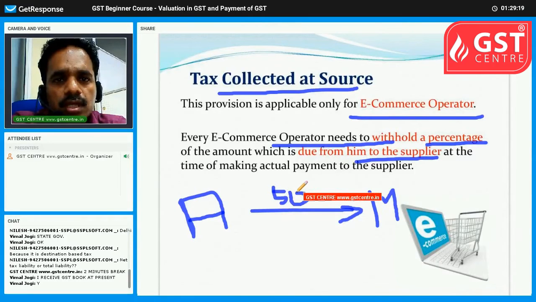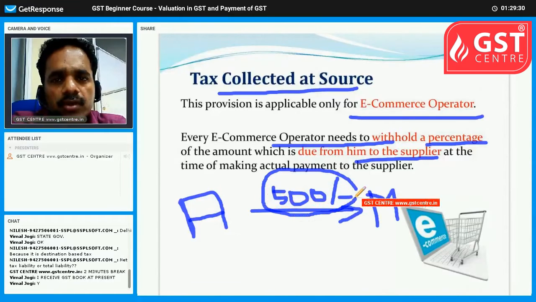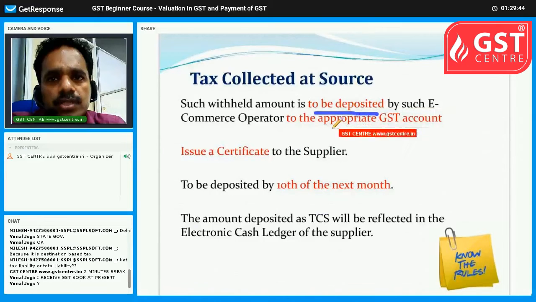Maybe the total amount is 5,000, but the TCS amount should be deducted. Only the balance should be paid to Micromax. So here the amount deducted is 500, which is called tax collected at source or TCS, and that should be paid to the government. Then tax collected at source should be deposited to the appropriate GST account.